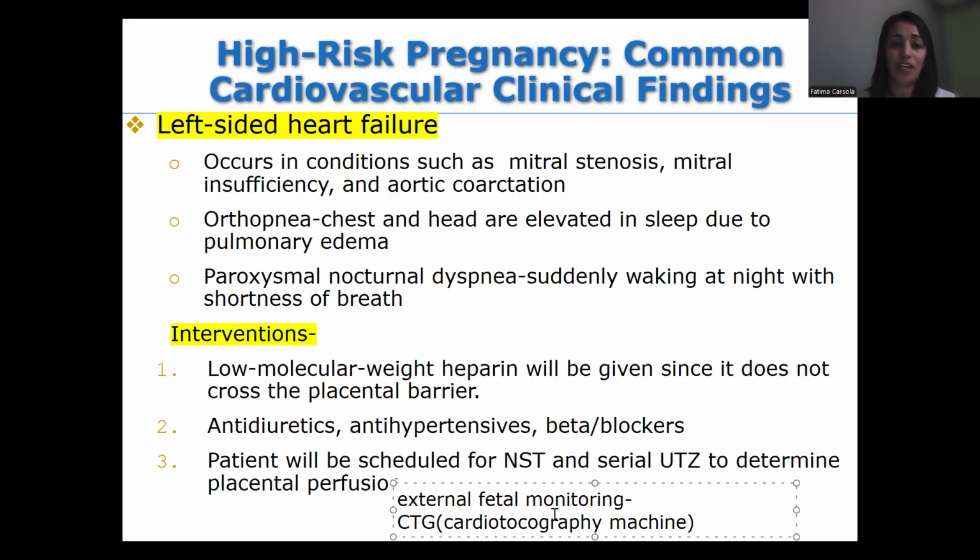And when we say non-reactive NST, when the baby moves inside the womb of the mother, there is no increase in the FHT in the cardiotocography machine, and that could be the reason of the doctor to order your contraction stress test, or your oxytocin challenge test.